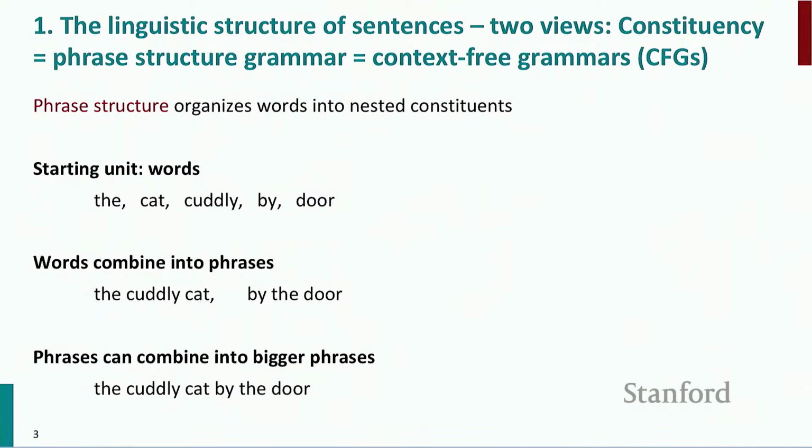Okay, so let's get straight into it and start looking at linguistic structure. In thinking about the linguistic structure of human languages, there are two primary ways that people have thought about it.